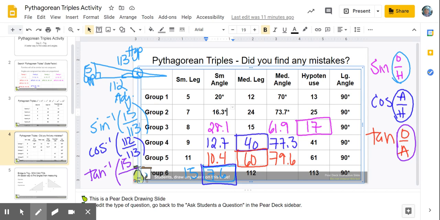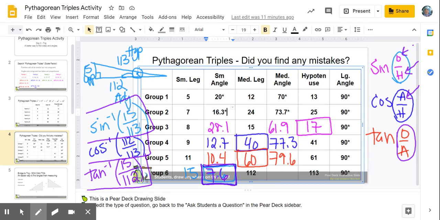So sometimes you've got to look at the information you have to determine the only thing that you can do. But if you do sine 15 over 113, cosine 112 over 113, or tangent 15 over 112, you should get that same 7.6 answer. All of those should be exactly the same. We're just substituting in the O, the A, and the H where they need to go.